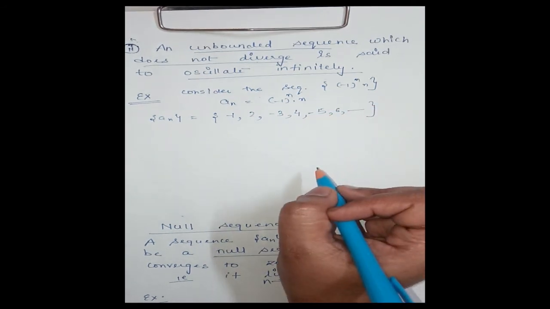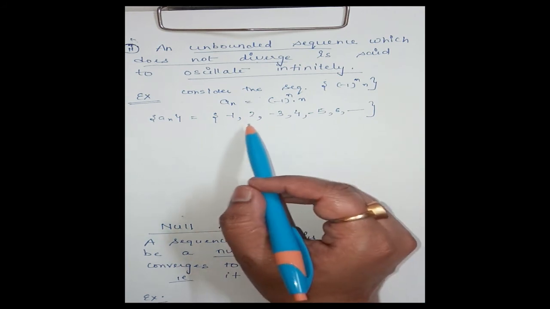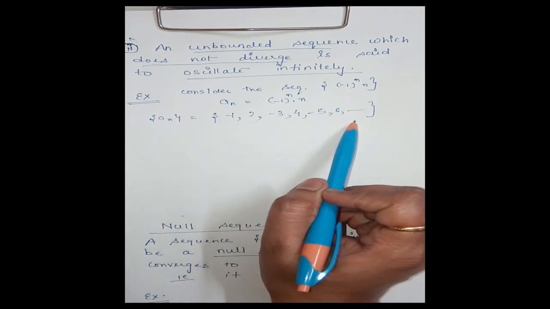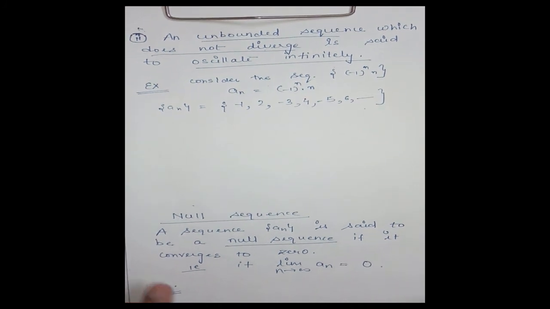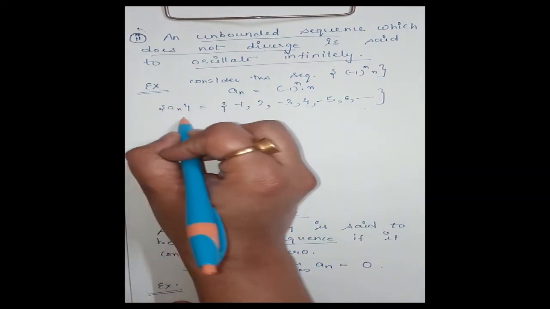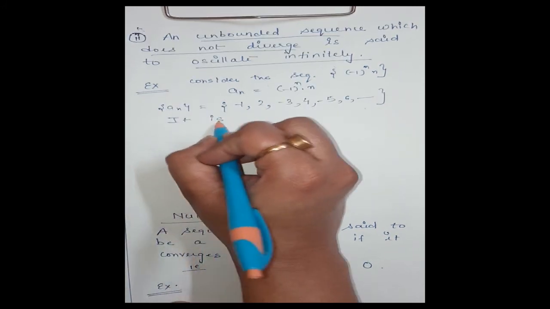These are the terms of the sequence. It is clear that the sequence is not bounded; it is neither bounded below nor bounded above. This means it is an unbounded sequence.